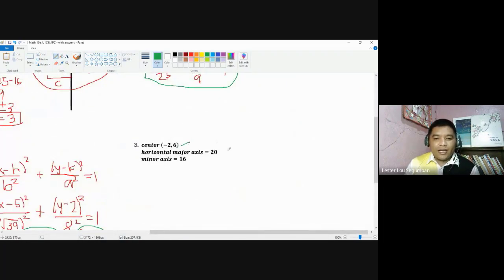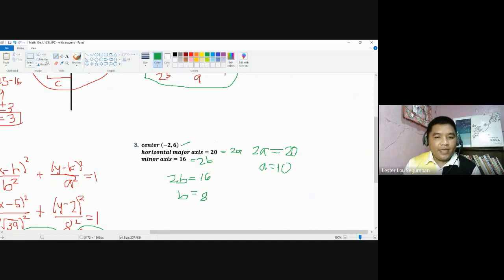The horizontal major axis is again your 2a. So you could solve: 2a is equal to 20, a is equal to 10. And the minor axis is 2b, so 2b is equal to 16, b is equal to 8.